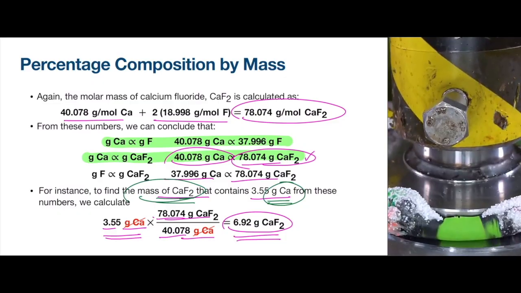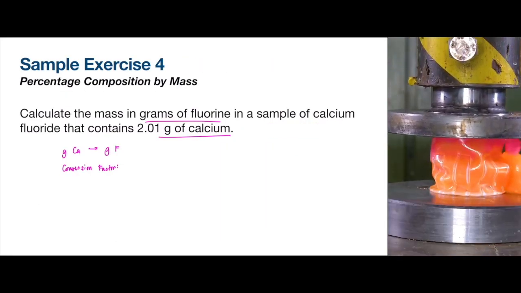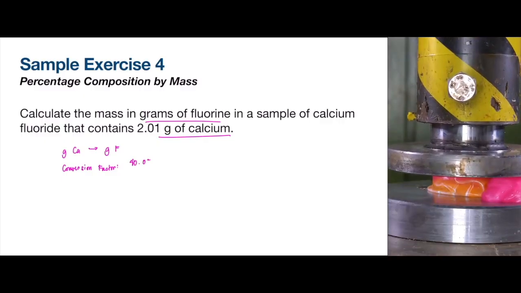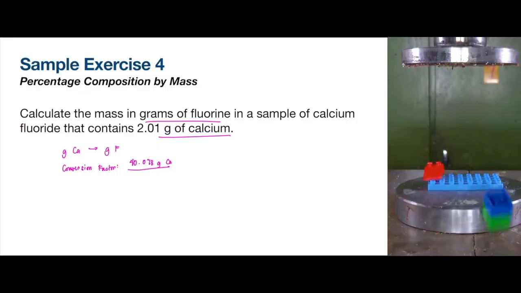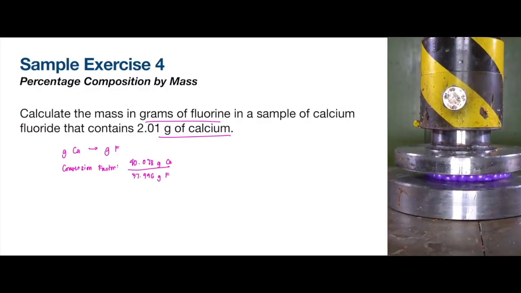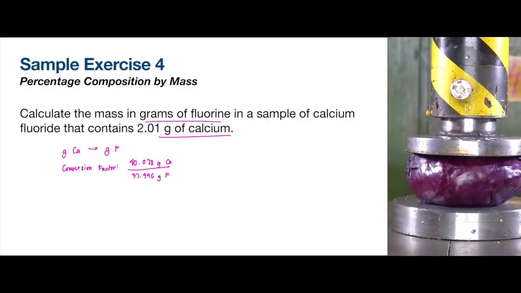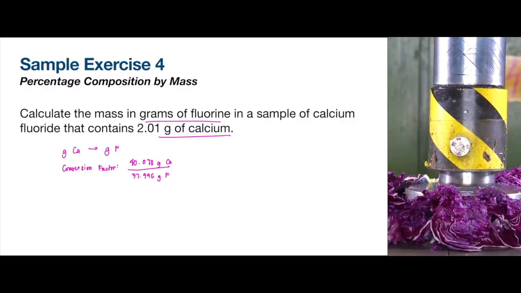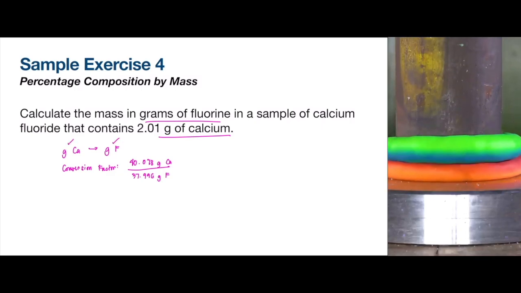With that relationship, we can write our conversion factor as 40.078 grams of calcium per 37.996 grams of fluorine. So again, we will use this ratio as our conversion factor to convert grams of calcium to grams of fluorine.